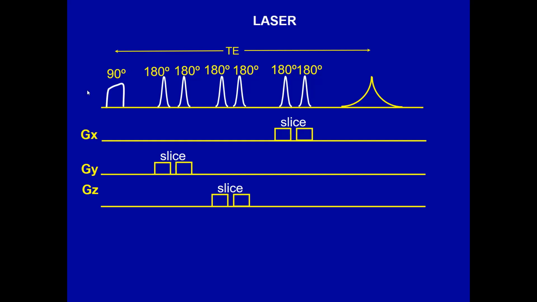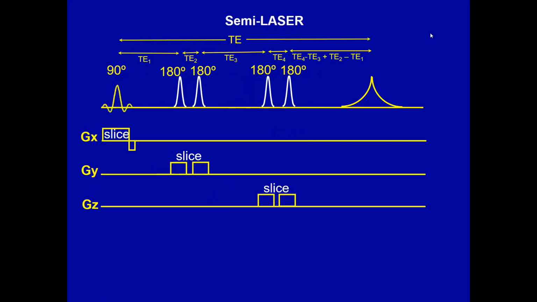So we don't want to put too much power into the system. And our systems have hardware checks, software checks, multiple levels of security to make sure that power level is not exceeded. But it makes it challenging to apply in humans. And also with all these pulses, now we have a very long echo time, and it can be challenging to look at some systems, like strongly coupled systems like glutamate or glutamine.